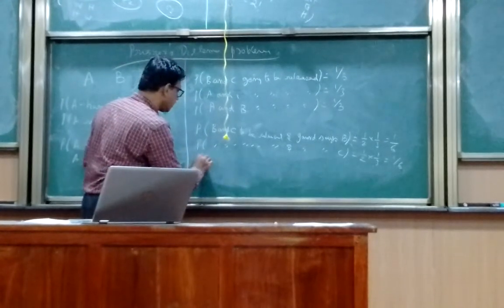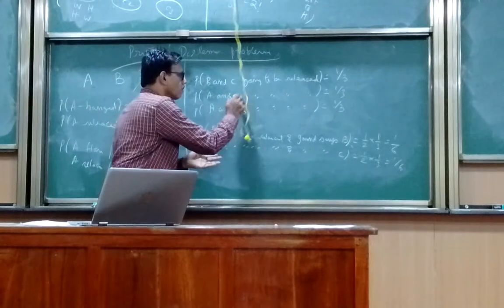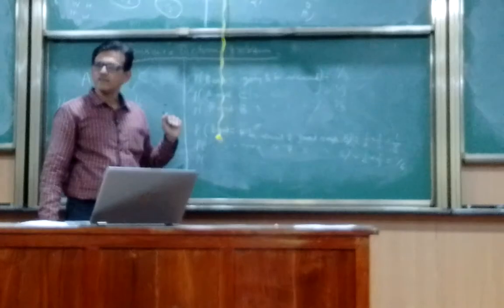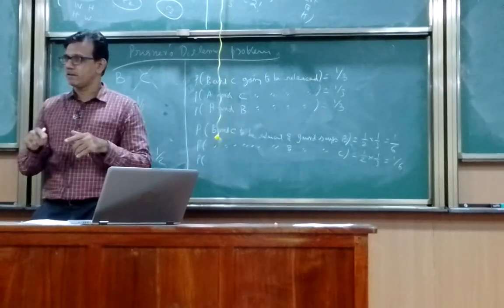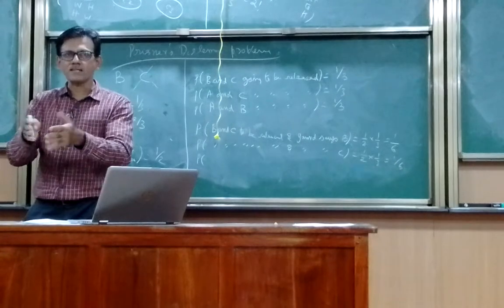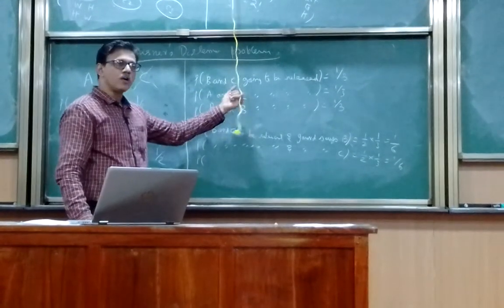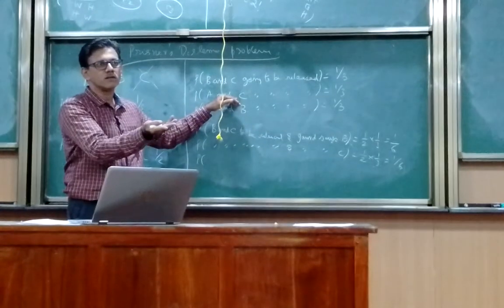Now let's look at this case. If A and C are going to be released, what answer will God give? God cannot tell anything about A because A is asking, you should not reveal anything about A. If A and C are going to be released, B is going to be hanged. He cannot tell B is going to be released. That is wrong.